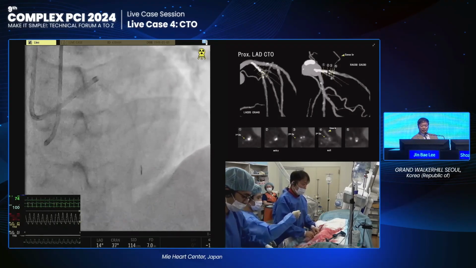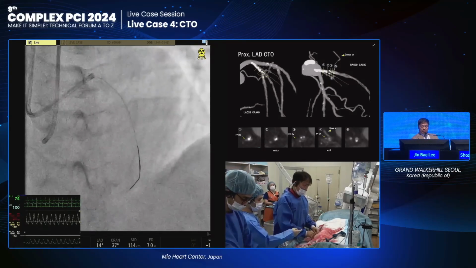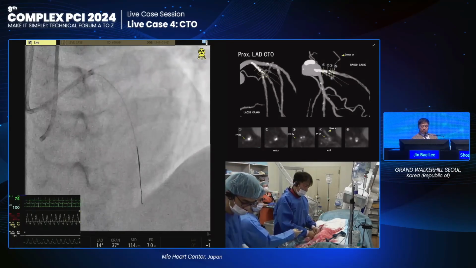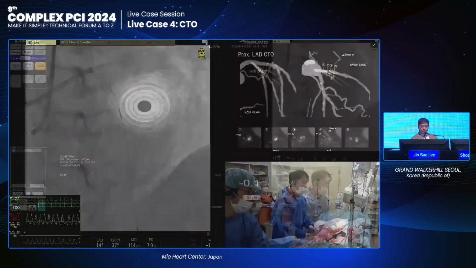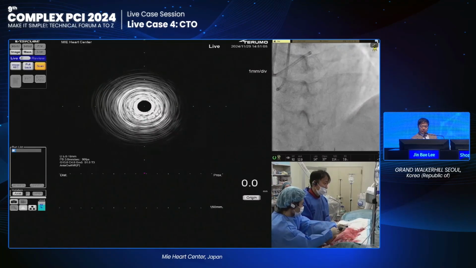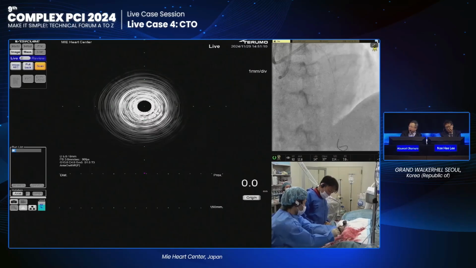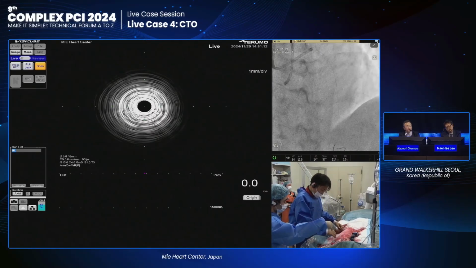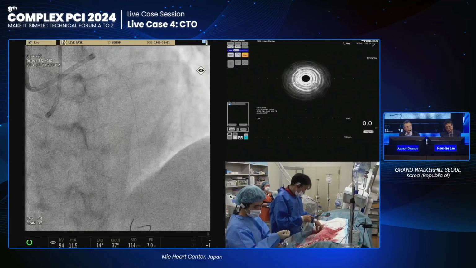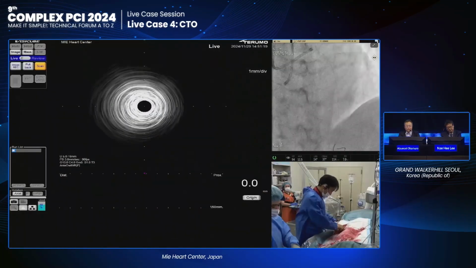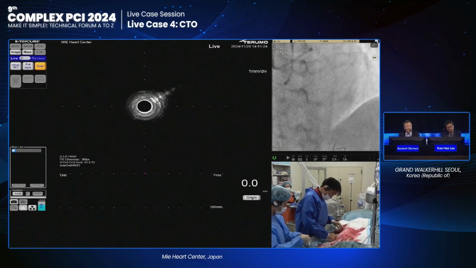Before performing IVUS, we usually use more than a 1.2 balloon now. I see. The tip size of the Terumo IVUS is almost the same as the Corsair, so after the Corsair crosses, you can advance the IVUS. Exactly. So I think a 1 millimeter balloon is enough to advance the IVUS maybe.